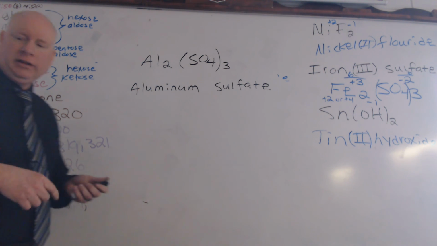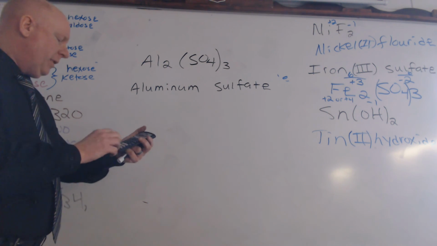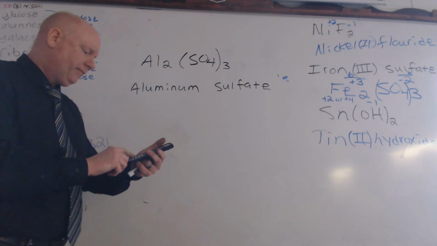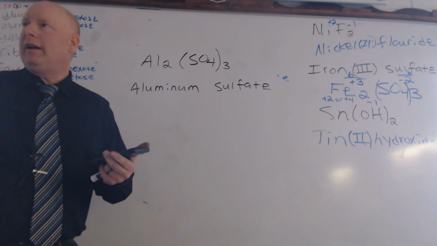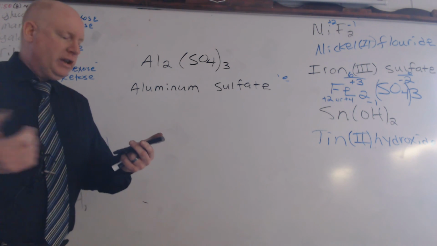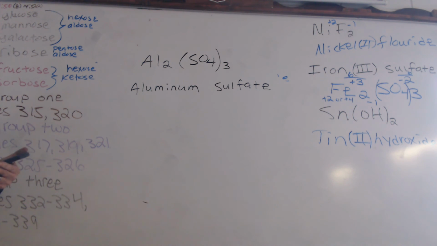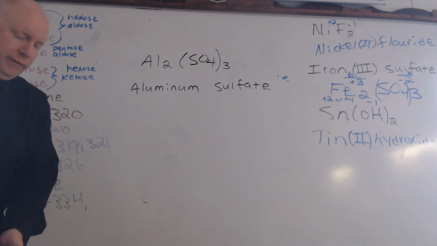Then the last thing that you need to do, okay, each aluminum has a mass of what? 26.982. So we're going to say 27 for the aluminums. How many of them do we have? 2. So for the aluminums, we got 54.